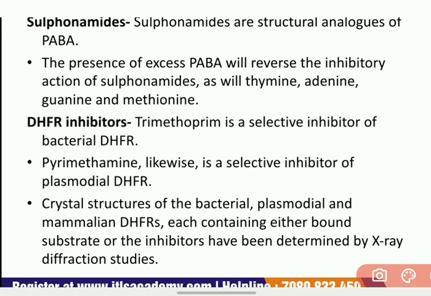Sulfonamides. Sulfonamides are structural analogues of PABA. They competitively inhibit the incorporation of PABA, that is para-aminobenzoic acid, into dihydropteroic acid, and there is some evidence for their incorporation into false folate analogues which inhibit subsequent metabolism.